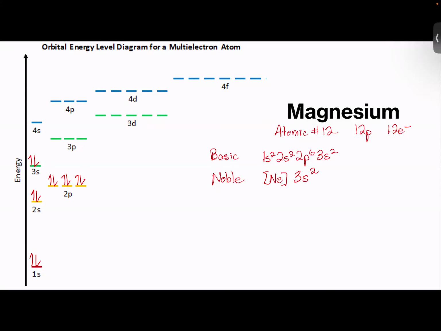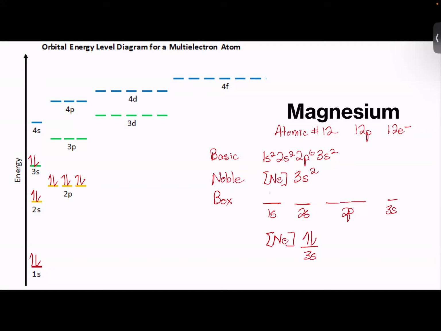I could write a box diagram. Now, I will be honest, once I get into this, instead of writing a line for every single thing, I could go, okay, that's 1s, 2s, 2p, 3s. But you'll also see me start to go, okay, I'm going to use the noble gas configuration and just show the 3s as the box diagram.